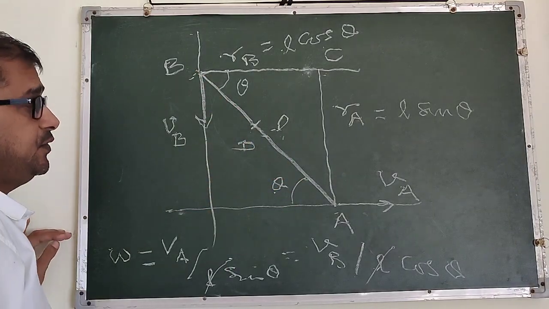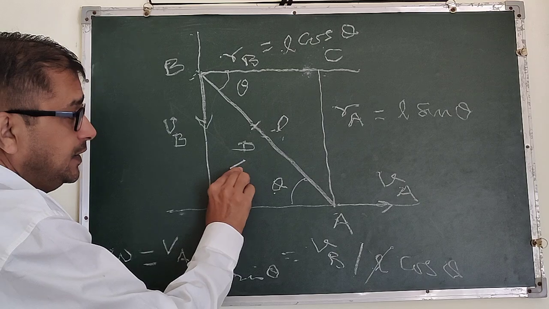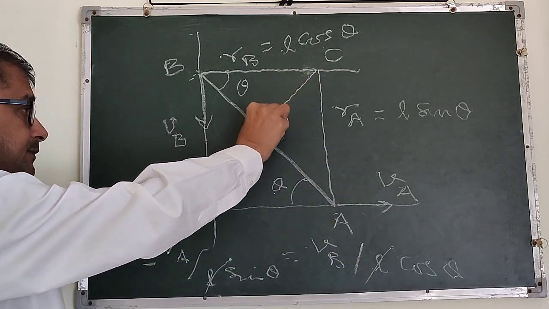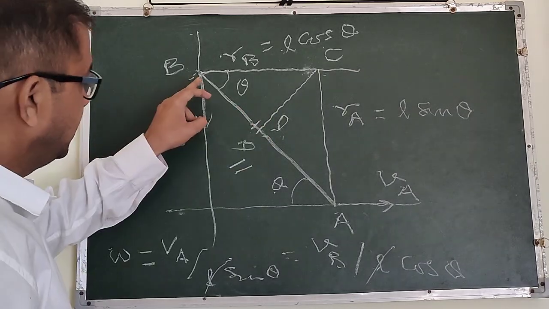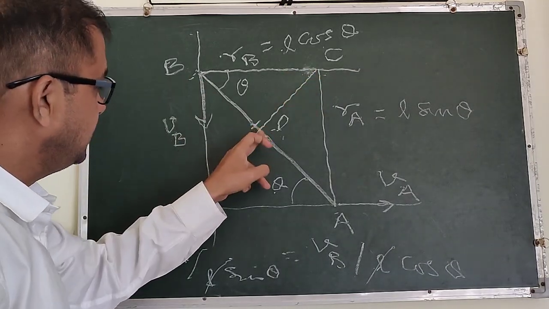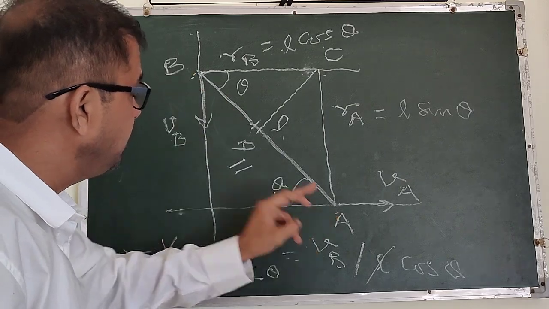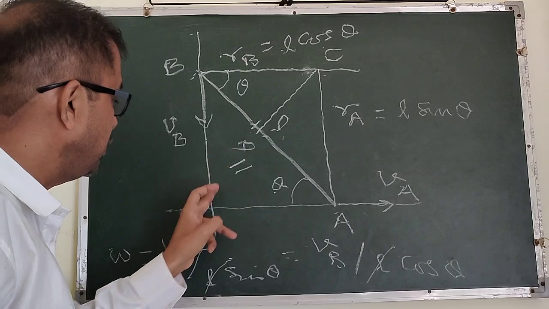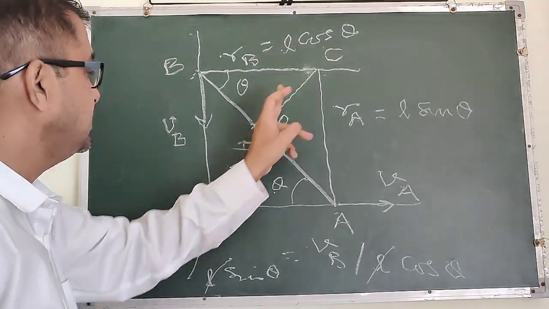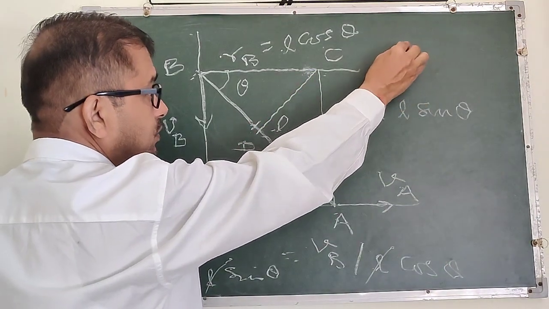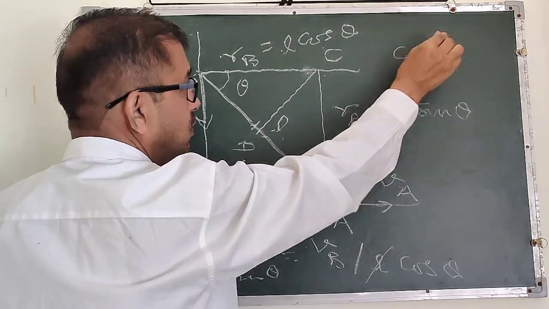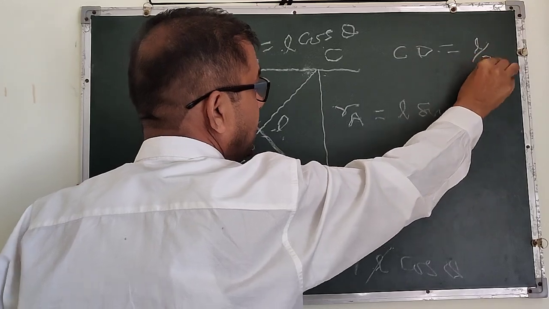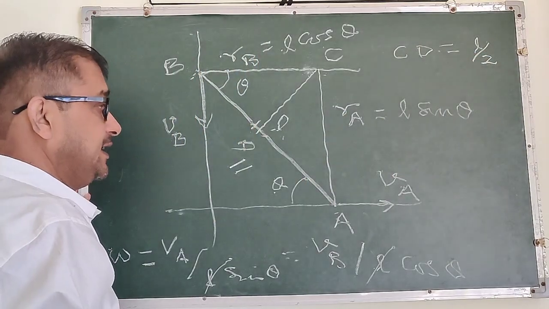Suppose we have to find the velocity of D. So first we join C to D, and as we know, the distance CD will equal half of the diagonal, because this is a rectangle and this is a diagonal of length L, and this will also be a diagonal of length L. Therefore CD is equal to L by 2, and for D, this will work as the radius.